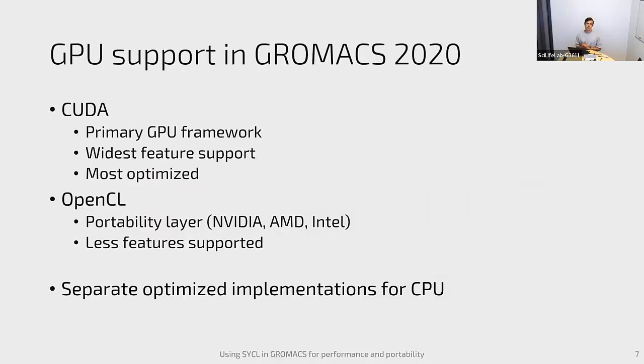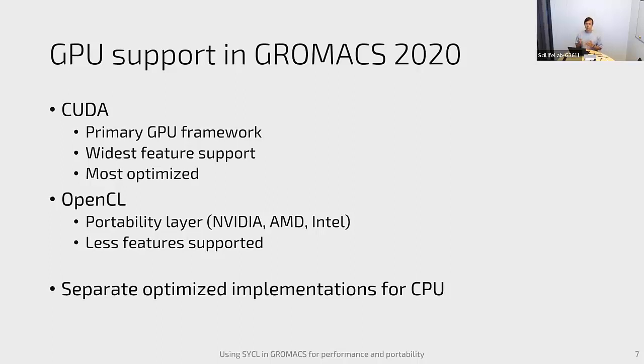Now let's rewind 2 years back. GROMACS 2020 release, we only supported 2 GPU frameworks at the time, CUDA and OpenCL. CUDA was our primary focus of development work, because most of the big machines used for high performance computing used NVIDIA GPUs.